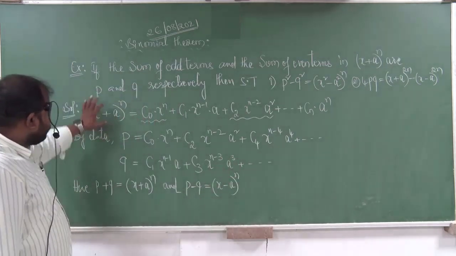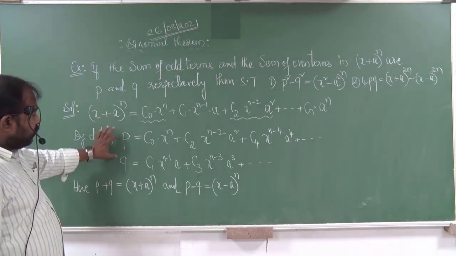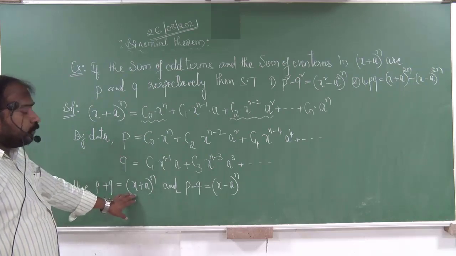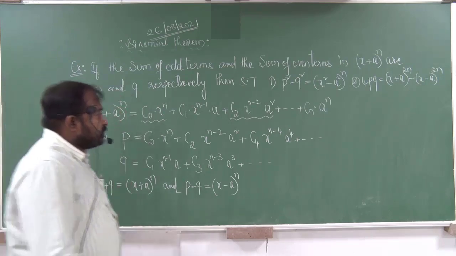So till here, I wrote the P value, the Q value, then cross-checked P + Q and P − Q. I hope that till here you can understand.